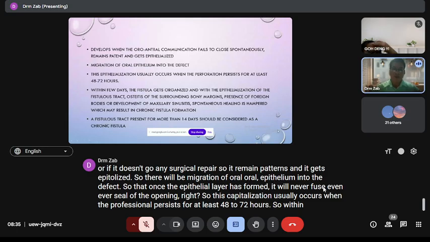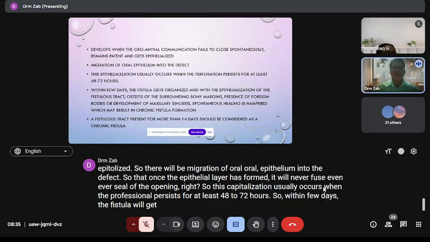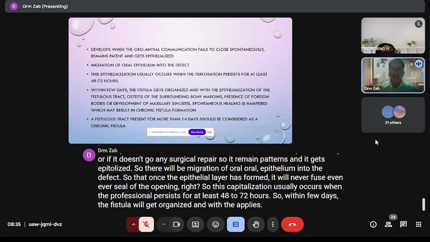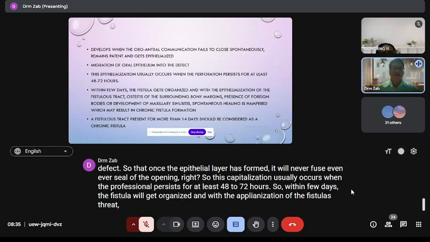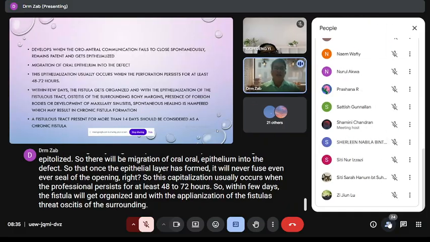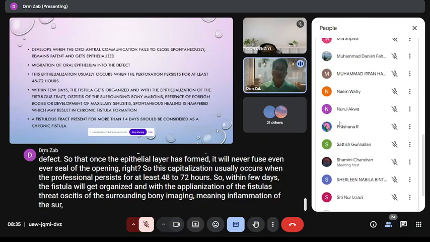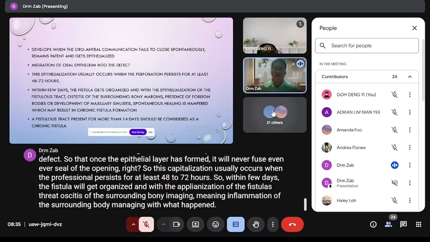Within a few days, the fistula will get organized, and with the epithelialization of the fistula tract, osteitis of the surrounding bony margin, meaning inflammation of the surrounding bony margin, will take place.